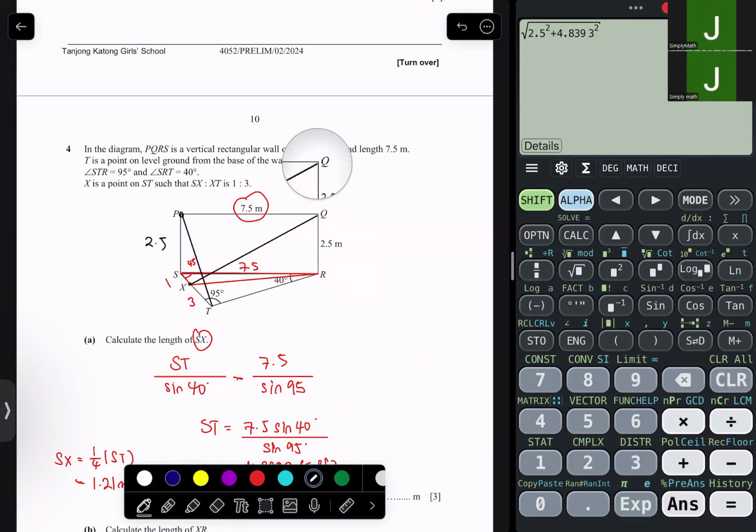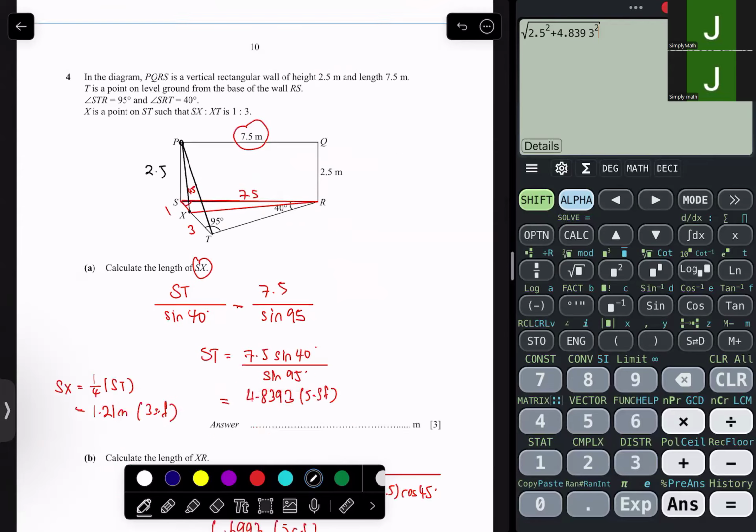But this one looks very straightforward, right? Because the angle of elevation along PQ, you want the shortest distance. Isn't this just the shortest distance, at PSX? Is that worth 4 marks though?